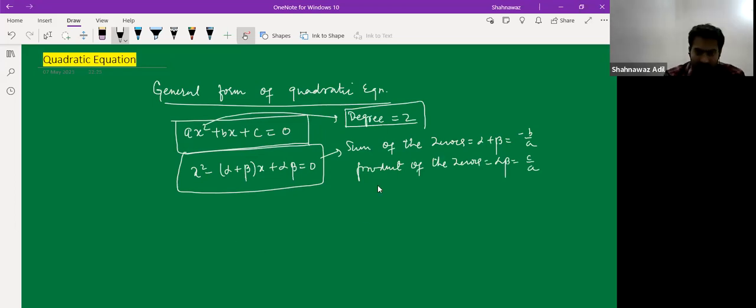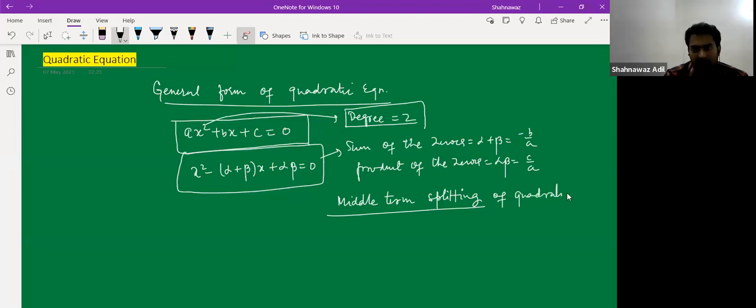And you guys also know about middle term splitting of quadratic equation. This you did in the polynomial exercise, right? Yes, sir.